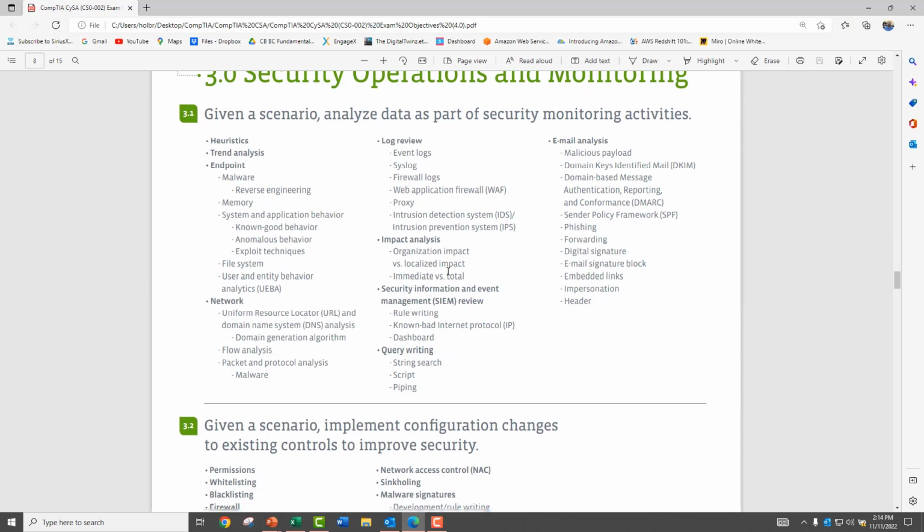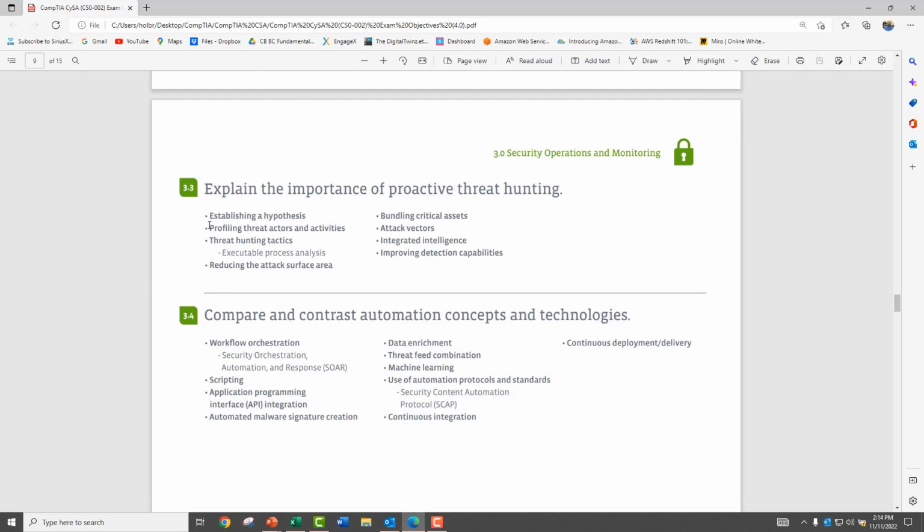One thing to be aware of too, as you see here, is that they've got these broken down into subsections, and they also clarify areas you want to know for each of these. What I like about CompTIA is they are very specific. In other words, you know that when it comes to automation concepts, you will likely get tested on, for example, the automation protocol called SCAP.